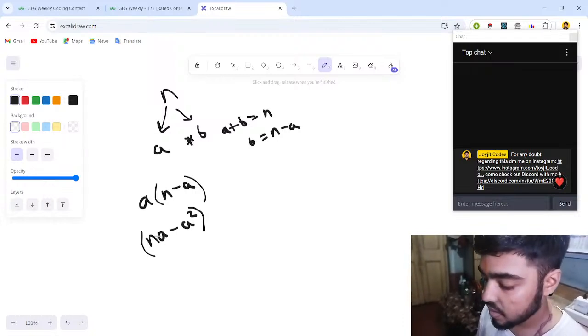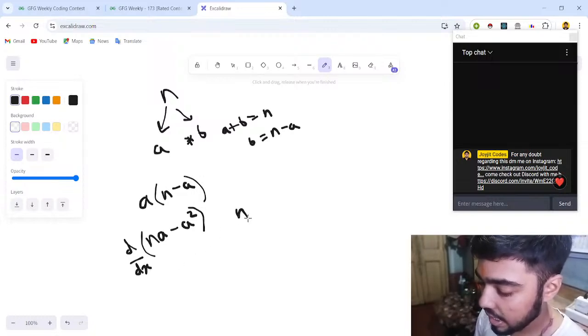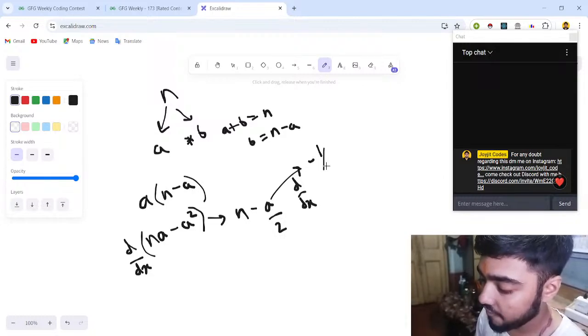In order to maximize this whole thing, we can differentiate it. If we differentiate it, it becomes N minus A by 2, and if we differentiate it again, it becomes minus half.